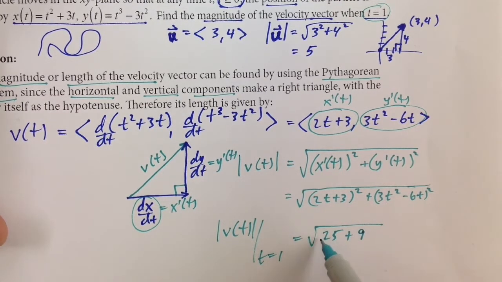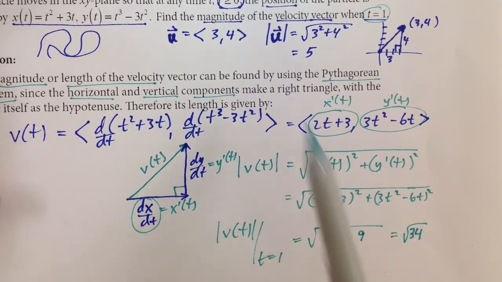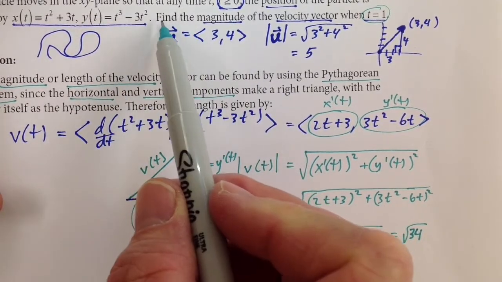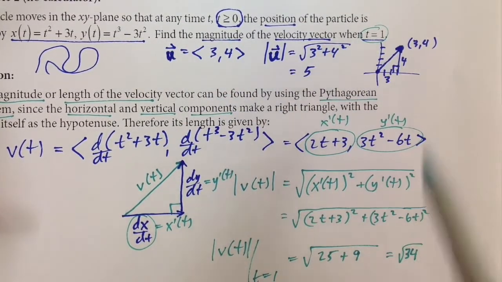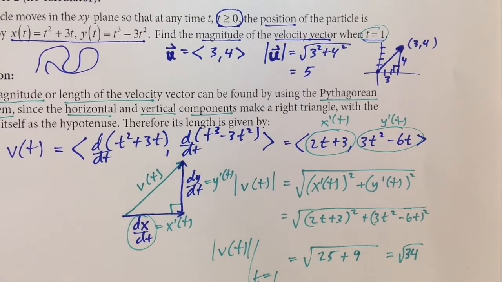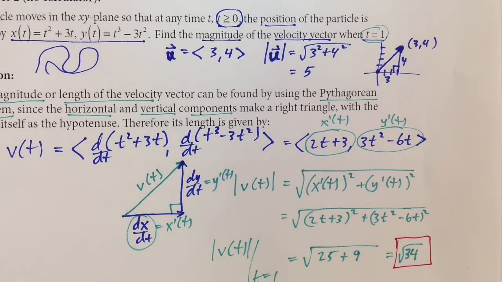And we have the square root of 25 plus 9, which is the square root of 34. So that's the length. Let's look back, make sure we don't have to find anything else. We wanted to find the magnitude of the velocity vector when t equals 1, and we did just that. We found exactly what we were looking for. So that's the length of the velocity vector, the magnitude of the velocity vector.